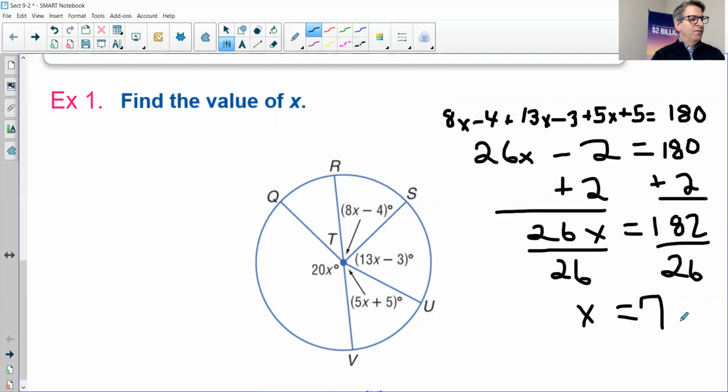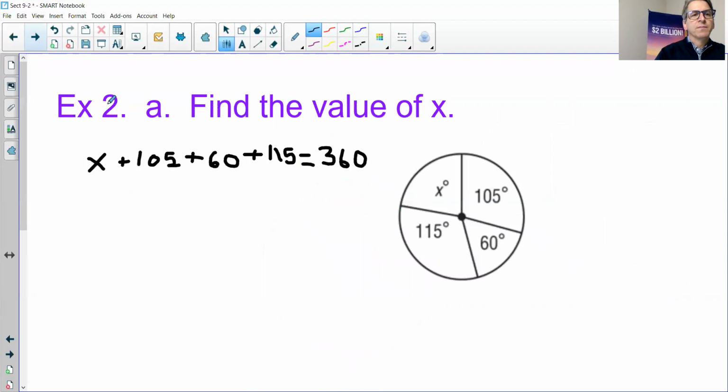Example 2, find the value of x. We have a circle here with angles 115, 60, and 105. If I take x and add 105 plus another 60 plus 115, that's going to add up to 360 degrees.